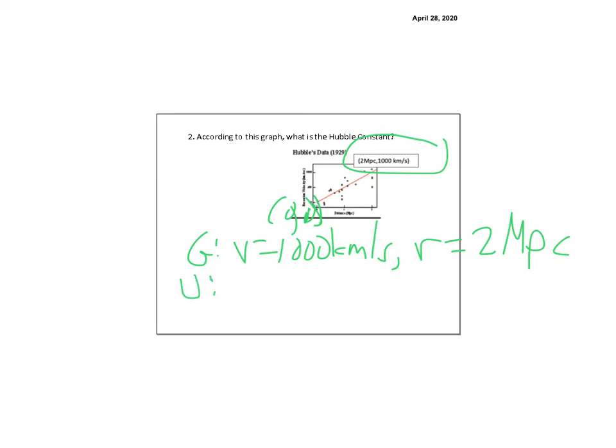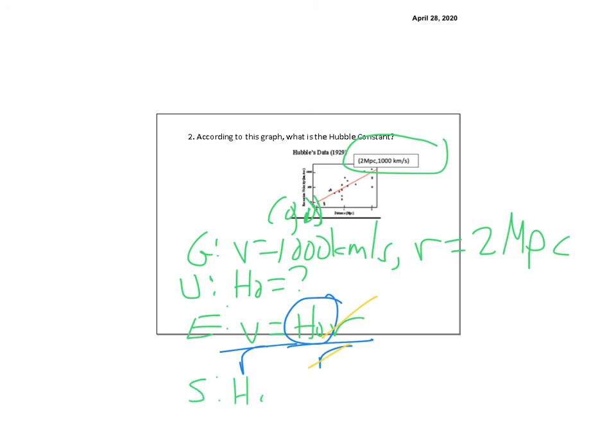And my unknown is the Hubble constant, which is h naught. And my equation is V equals h naught times R. I want to be able to find h naught, so I divide both sides by R, and the R cancels. So I'm left with h naught equals V over R.